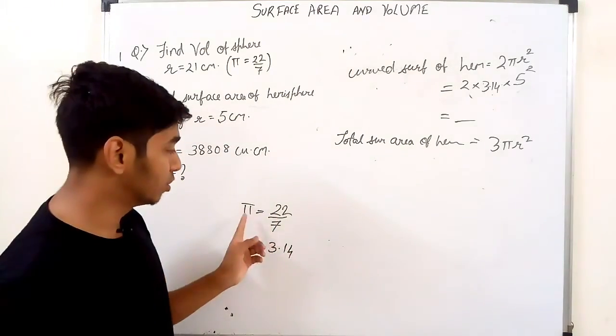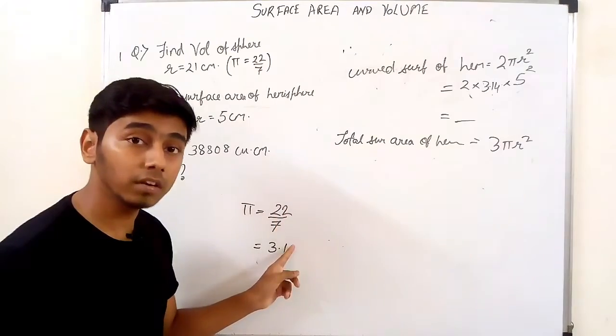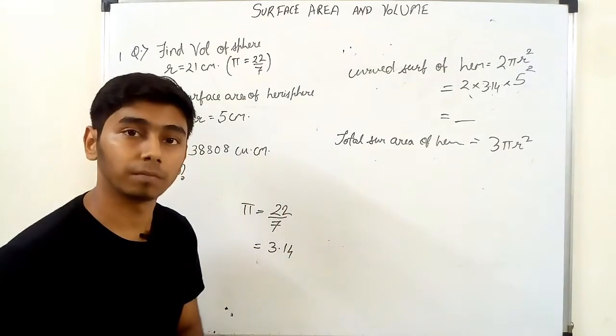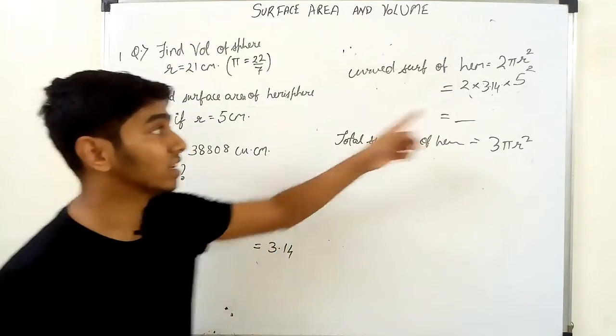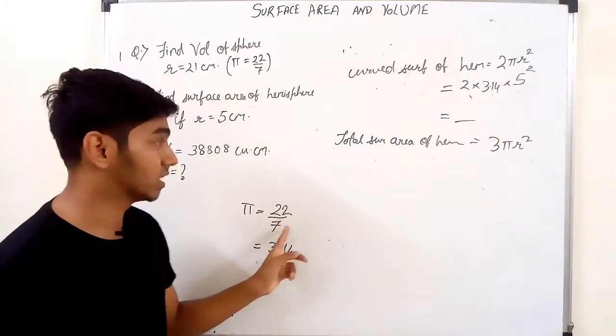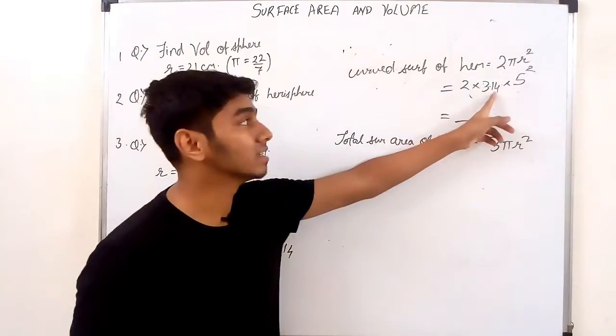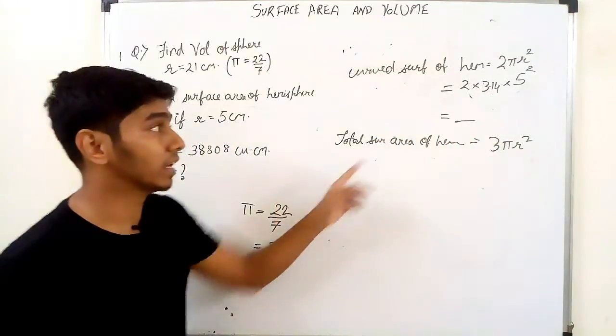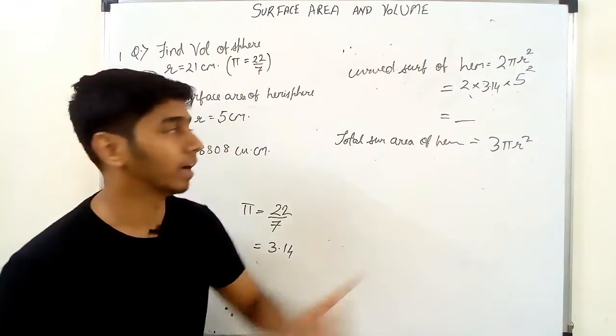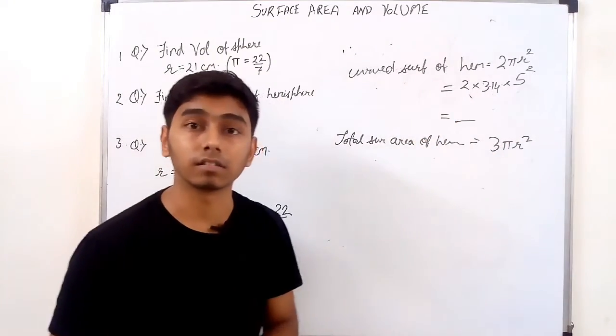So you can substitute pi as either 22 upon 7 or 3.14. If there is no divisibility, we can simply write 22 upon 7 as 3.14 and then multiply and find the answer.